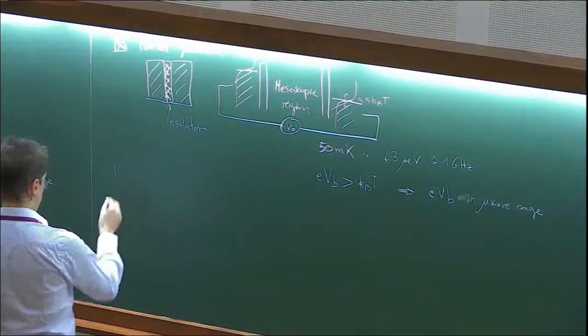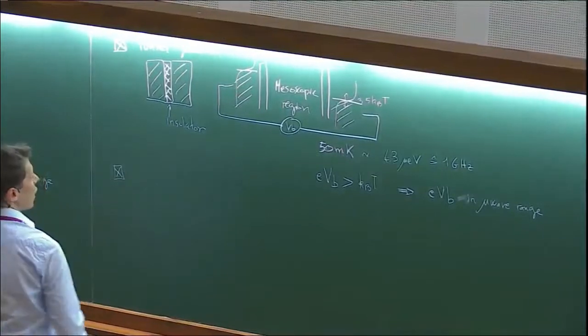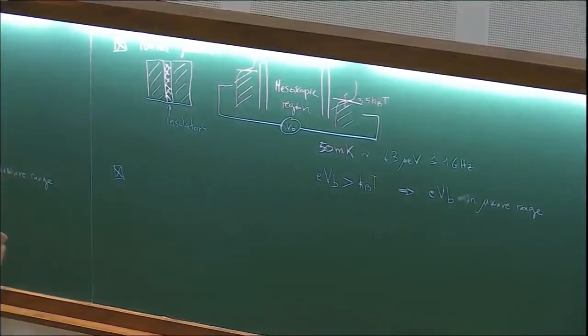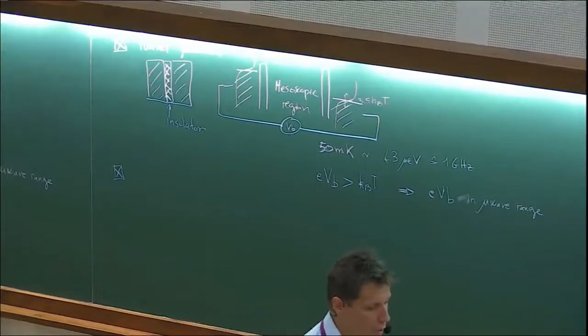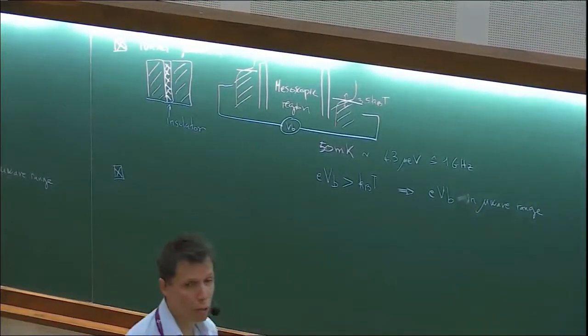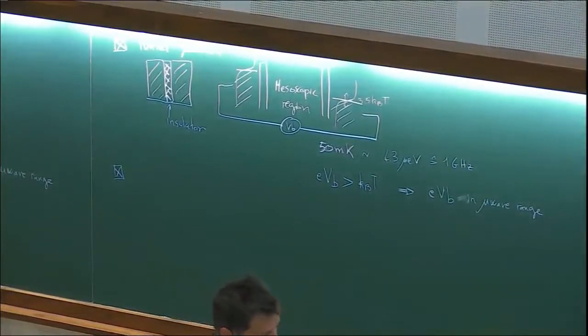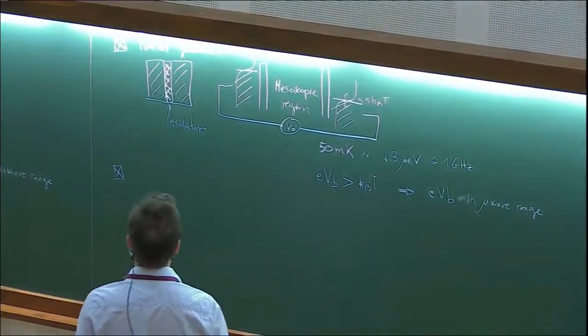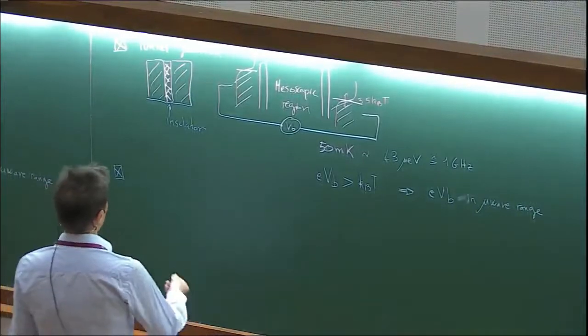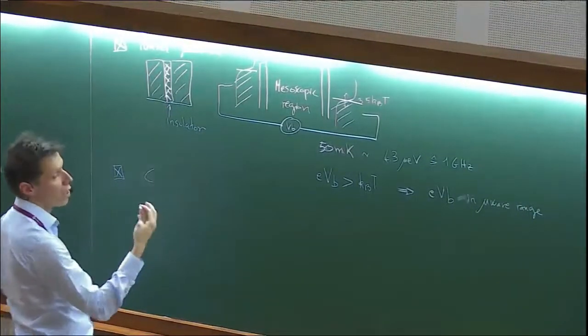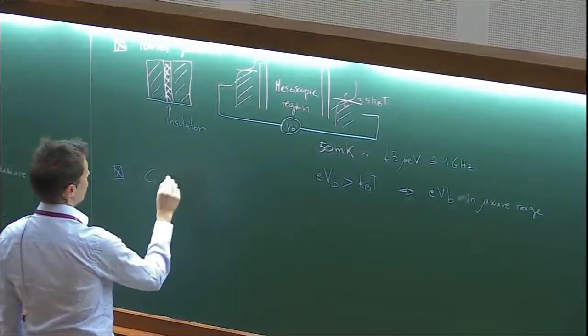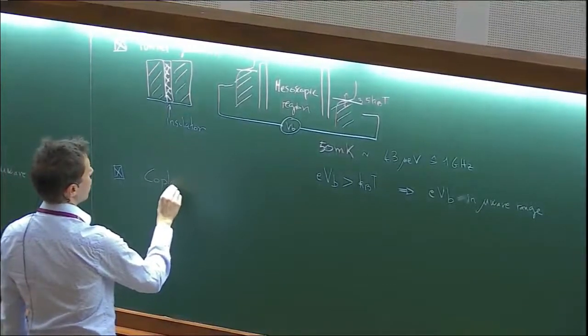Okay, but now we can follow a similar reasoning for how to make the microwave cavities, and see what kind of energy scale shows up and what are the relevant lengths which are important in the microwave cavities. So there is one way to make these cavities, but there are many other ways. So I just take my favorite one.